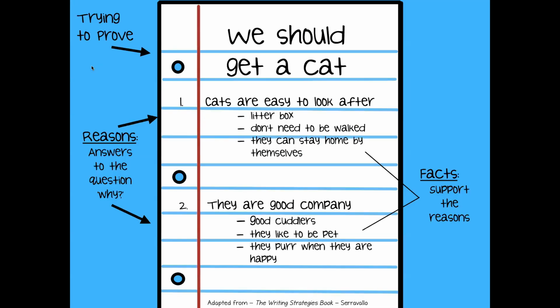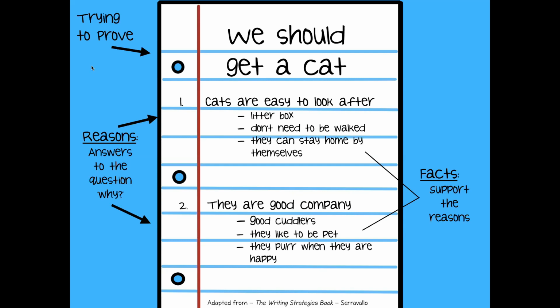So let's see what this could look like in the realm of persuasive writing. So as Lisa mentioned earlier, a wonderful way to engage our students is thinking about we should get a cat and we should get a dog. So having those really clear titles of what we are trying to prove, and then a wonderful way is to just break it down really easily into these are the reasons that we should get a cat.